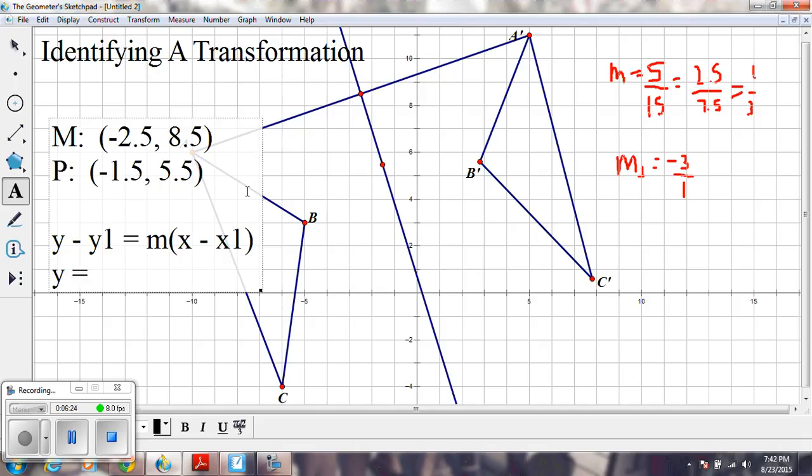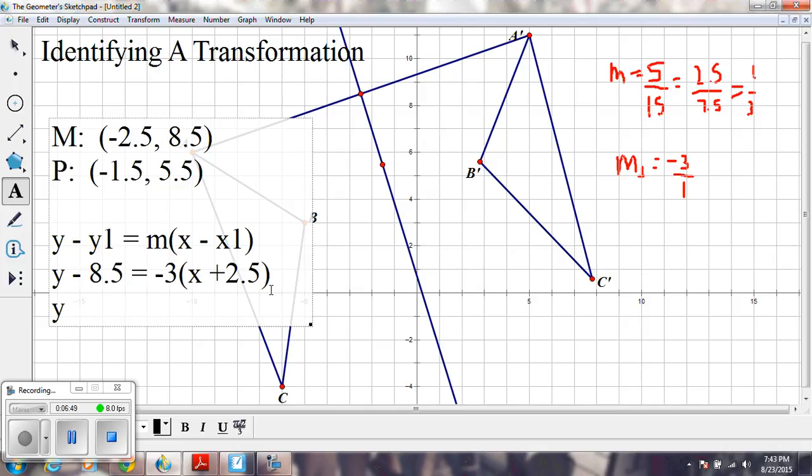It doesn't matter which one we pick. Let's go with the 8.5 one. So y minus 8.5 is equal to, my slope is negative 3, x minus negative 2.5, which gives me plus 2.5. Let's clean this up a little bit.